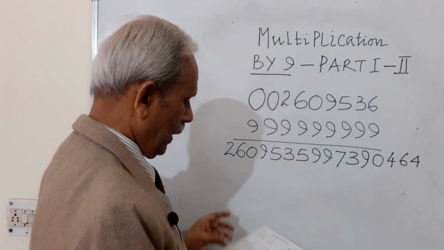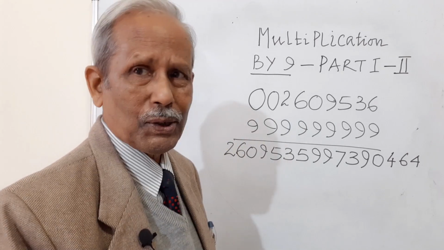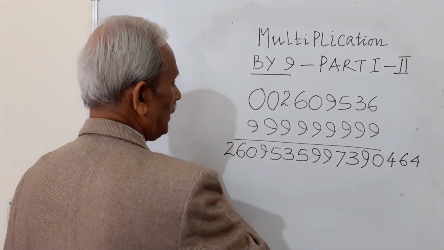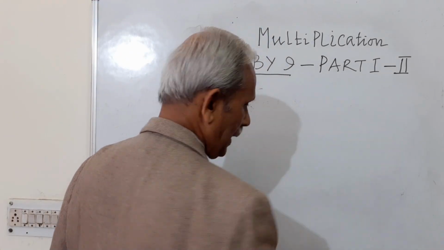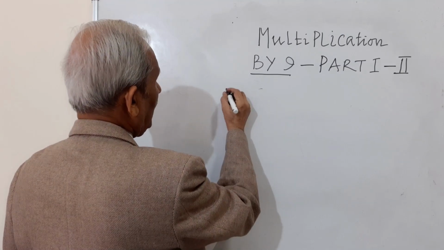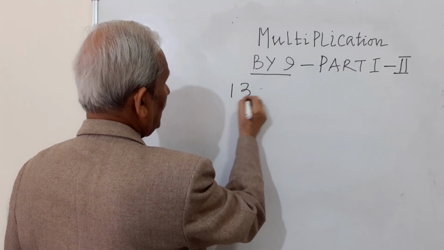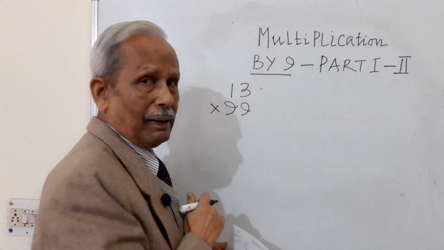It seems to be quite big, but it's quite simple. You can do it very easily, no issue at all. I think you have followed it. Now, what I'm going to do is give you some exercise which you can do. Please write down, say 13 into 99 by the method of this 9, right?